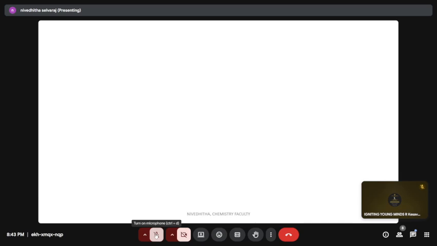I want you to find whether the reaction is an oxidation or reduction. Could you please tell me whether this reaction is an oxidation or reduction?